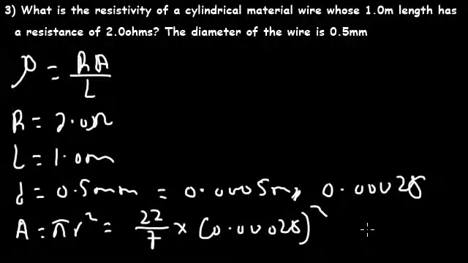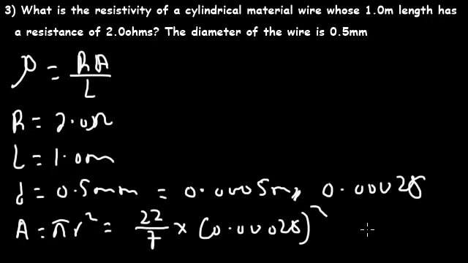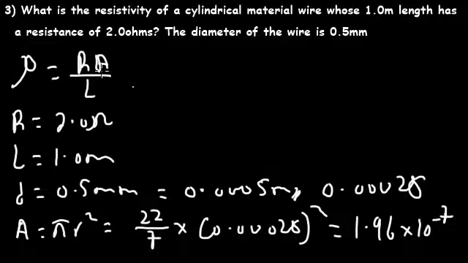If I just square that, then multiply by 22 over 7, I end up having 1.96 times 10 raised to the power of -7. Now that we have the area, we can proceed to finding the resistivity.